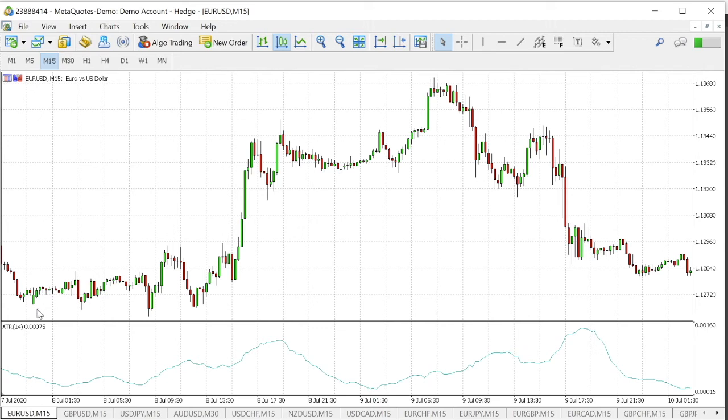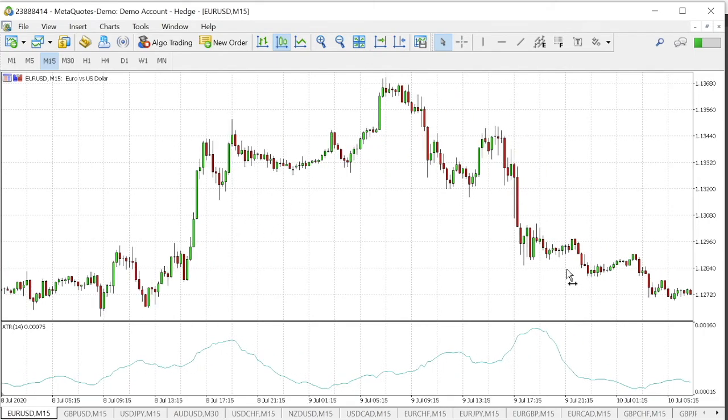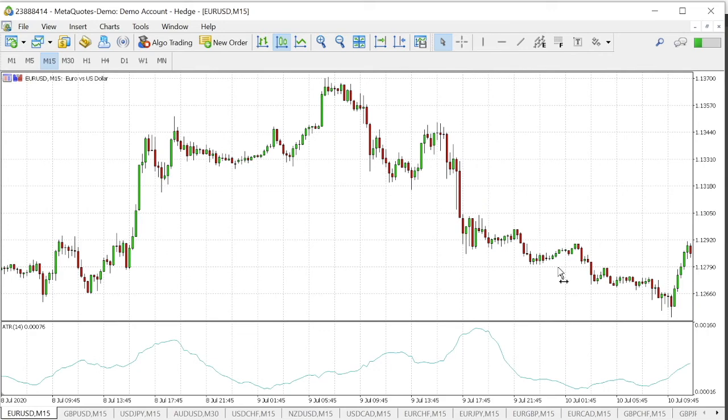You can see that there is a strong level of support here, and then the price goes up and the price goes down. Now for amateur traders, as soon as they see these 3 consecutive bullish pin bar candles at around this zone of support, they are anticipating that the price will reverse and go back up.